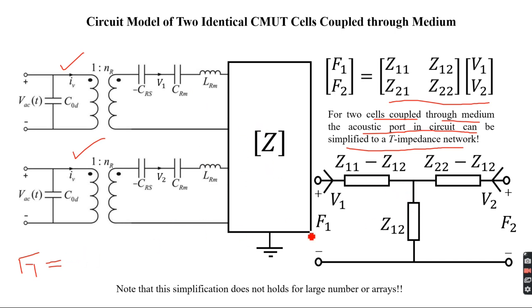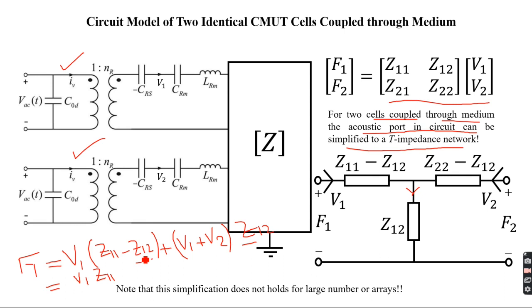So F1 becomes V1 times Z11 minus Z12, plus, in this branch, the currents from both branches add up, so that is V1 plus V2 multiplied by Z12. This term cancels out with this one. So the second term goes out, and what you're left with is V1 Z11 plus V2 Z12.